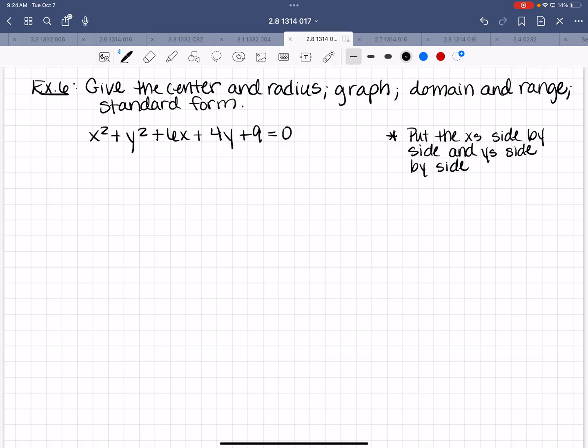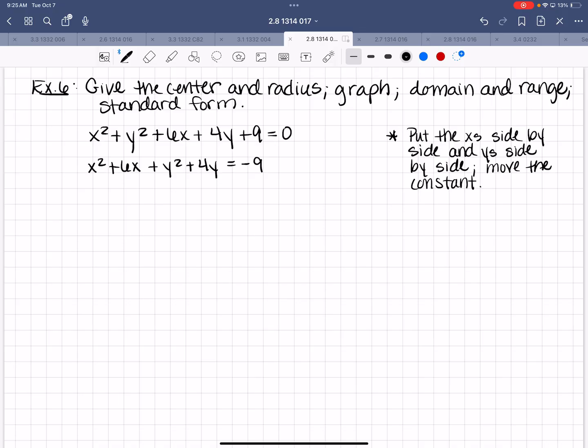Then we're also going to move the constant. So I'm going to rewrite this into x squared plus 6x, I want those together, plus y squared plus 4y, equals -9. Move that 9 to the other side. We've got to get a radius over there, right? So we've got to start doing that.